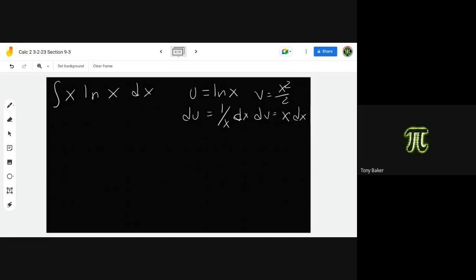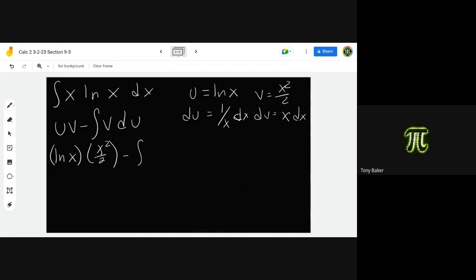So what do we got? So what was the integration by parts? uv. So u is ln of x. v is x squared over 2.